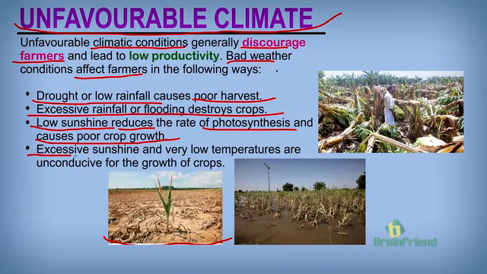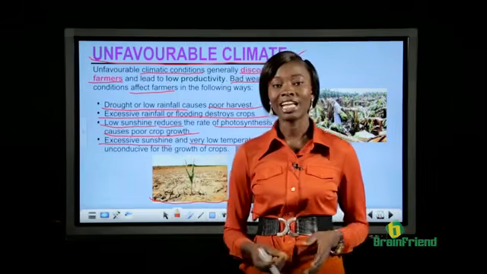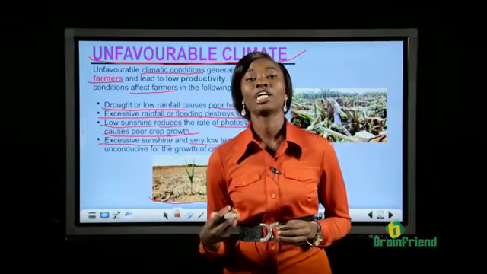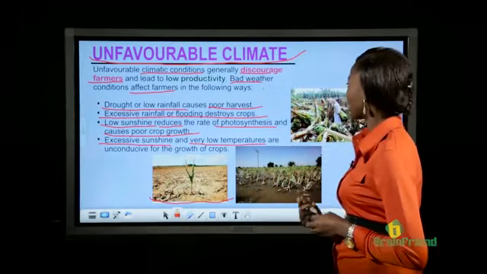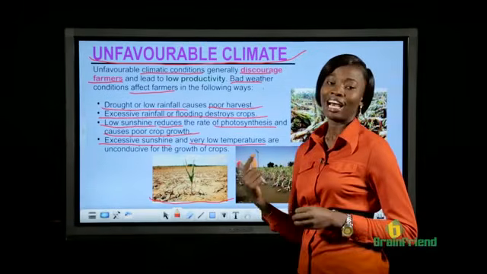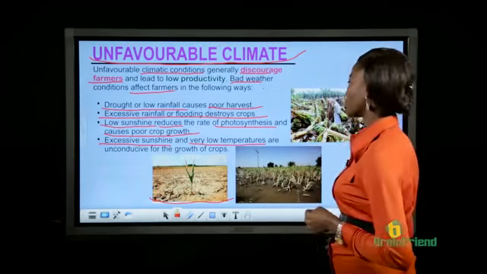Excess sunshine and very low temperatures are also unconducive for the growth of crops. Excess sunshine can destroy crops and very low temperature can prevent the growth of crops. All of these bad climate conditions have affected Nigeria's agricultural development.